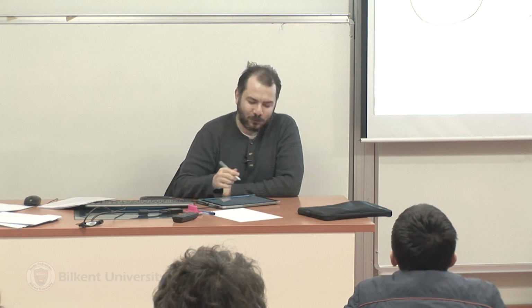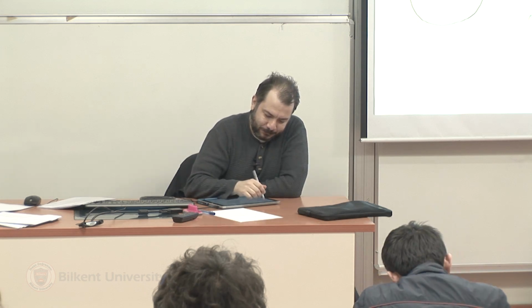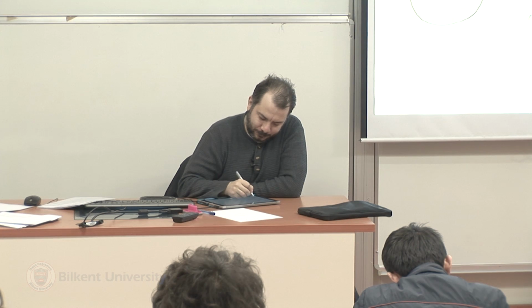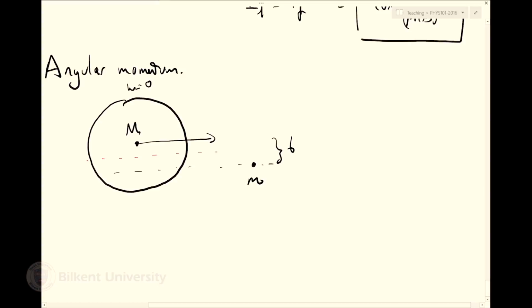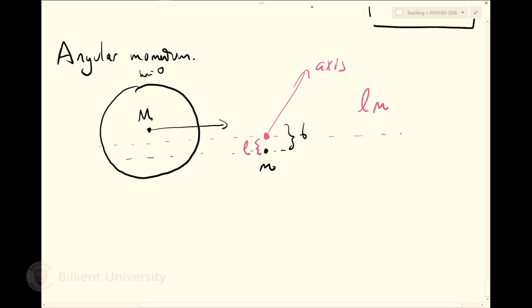So here's what I'll do. I'll choose my axis exactly here, so that, let me call this distance L, L times m is capital M times b minus L. Right? Why did I choose that point?